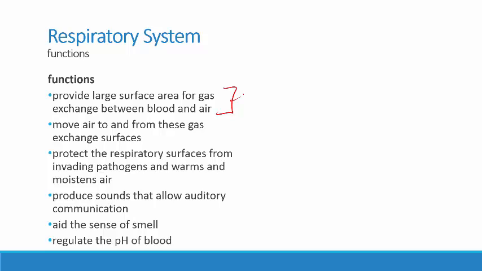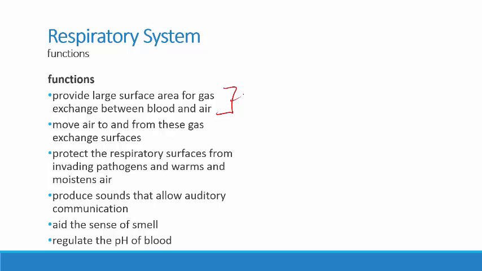Third, we have processes and structures that are involved in protecting the respiratory surface from pathogens, from dust material, particles that are in the air, and then also warms up and moistens that air. The gas exchange surfaces have to be kept moist, and they work best when they are warm.